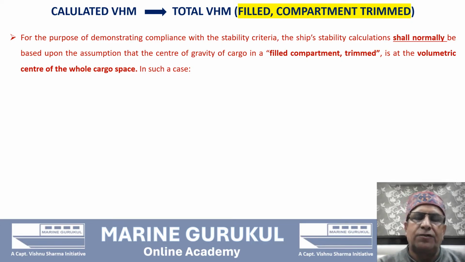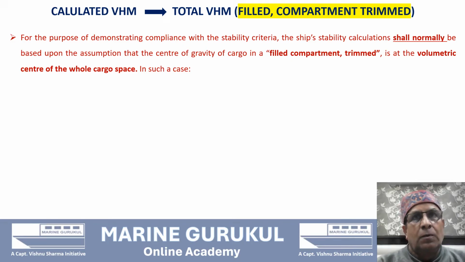Somebody may say if it's filled in, then it has to be the volumetric center. Well, when we declare a compartment filled and trimmed, we make every possible effort to fill it as much as we can. But please appreciate, some voids are inevitable, inescapable.